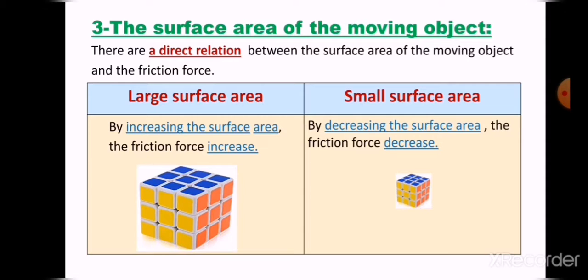Also, there is a direct relation between the surface area of the moving object and the friction force. By increasing the surface area, or by using a large surface area, the friction force increases, but by decreasing the surface area, the friction force decreases.